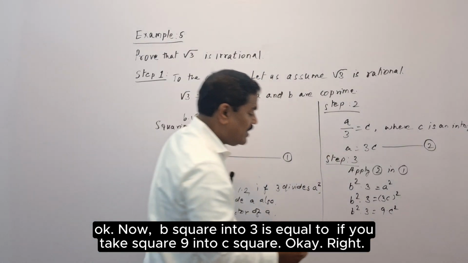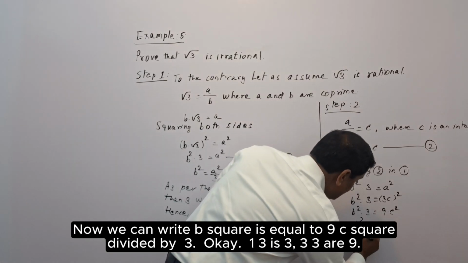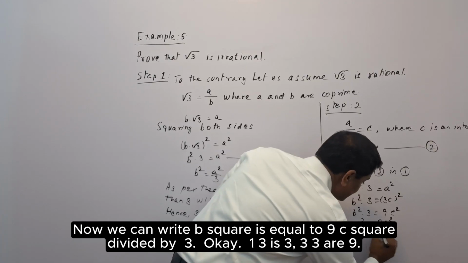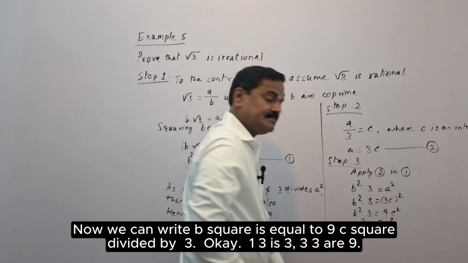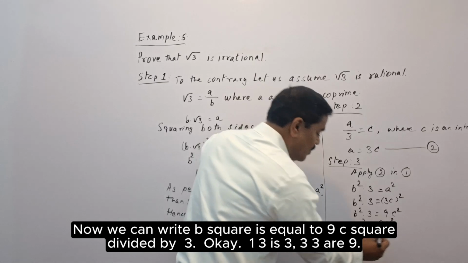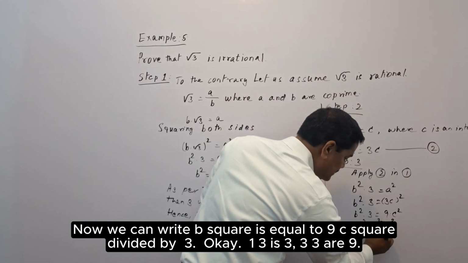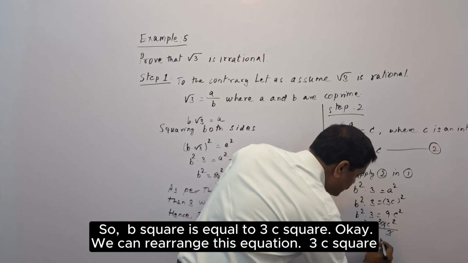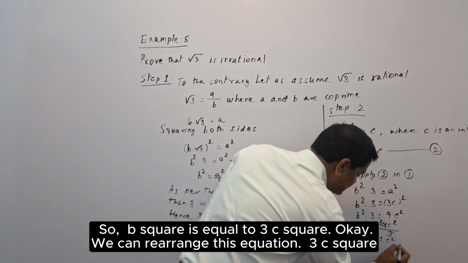Now b square is equal to 9c square divided by 3. 3 ones are 3, 3 threes are 9. So b square is equal to 3c square.